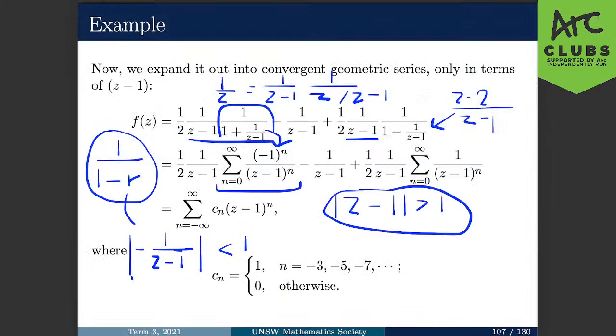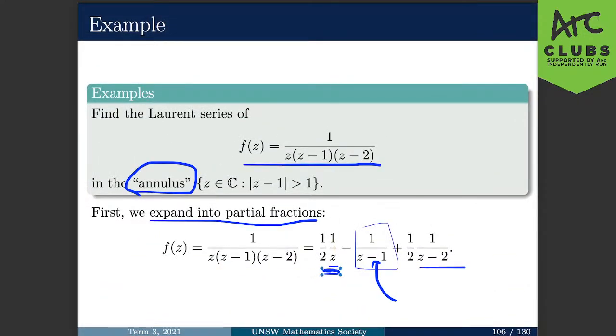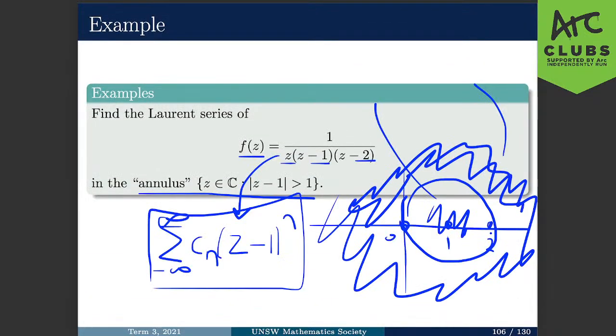In that case, I would rewrite 1 over z as 1 over 1 plus z minus 1. Right, that's very important. So if I'm interested in converging inside the circle, so inside the circle where the modulus of z minus 1 is less than 1, then this is how I would do it.